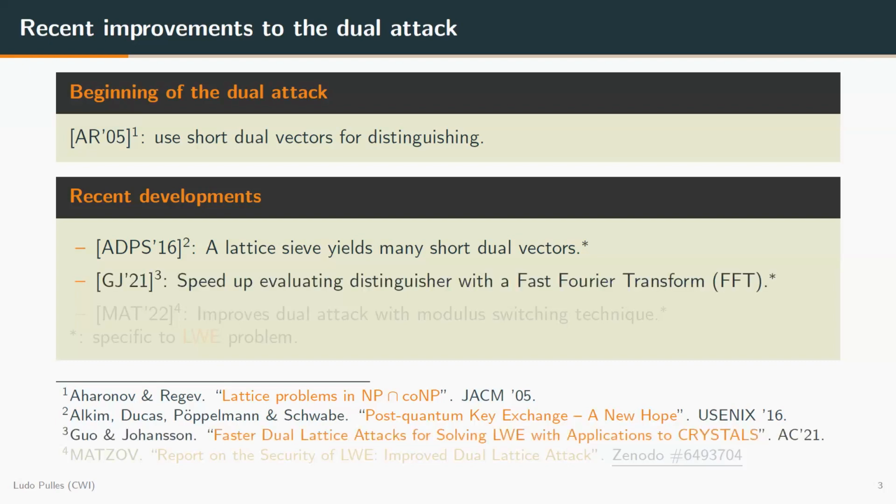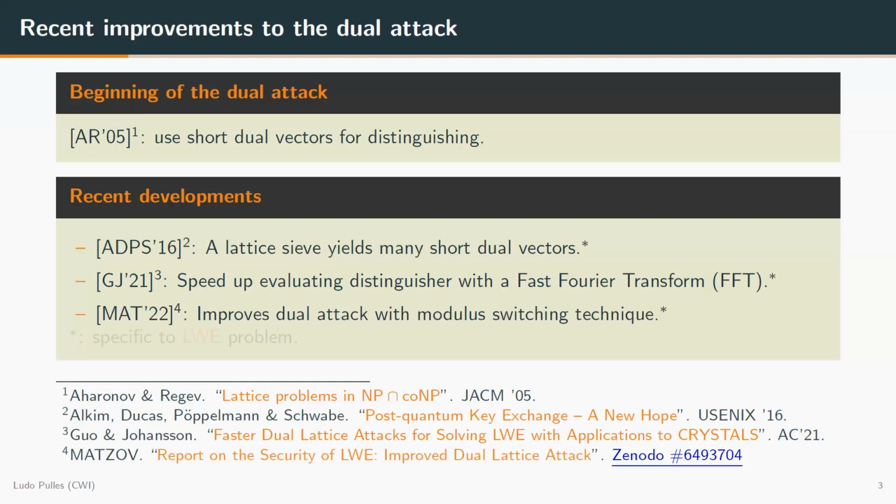And then 2 years ago, Guo and Johansson realized you can speed up evaluating the distinguisher by using a fast Fourier transform algorithm. And then last year, MATZOV published a report where they improved this dual attack even further with a modulus switching technique. And here they claim that this dual attack outperforms the primal attack. So it's an interesting case to study.